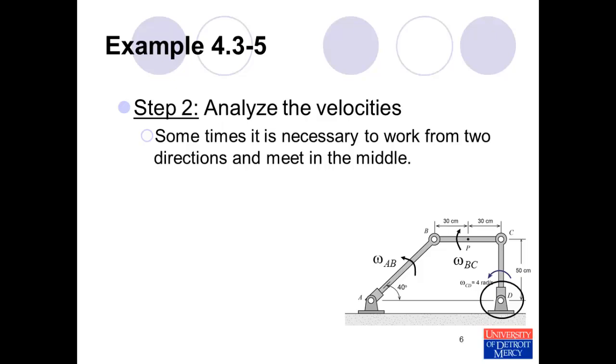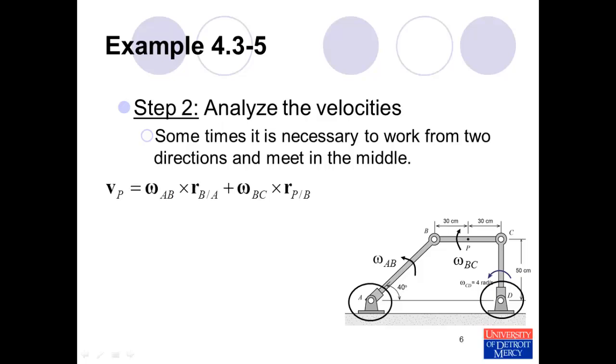And basically we're going to start from another point whose velocity we know, point A, and meet in the middle. So we already have a relationship starting at point D, and we're going to get a second relationship starting at point A, and then between those two we'll have enough relationships to solve for the unknowns.